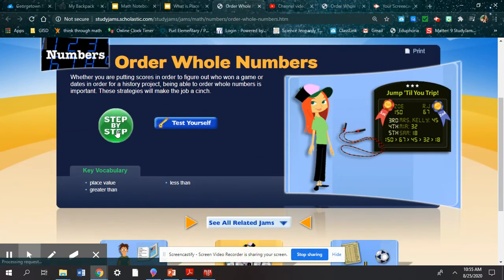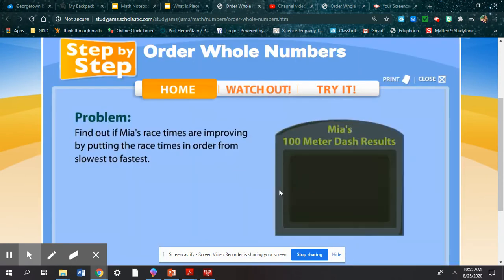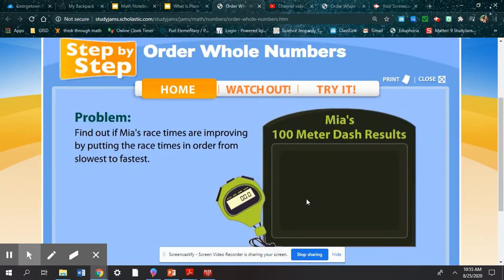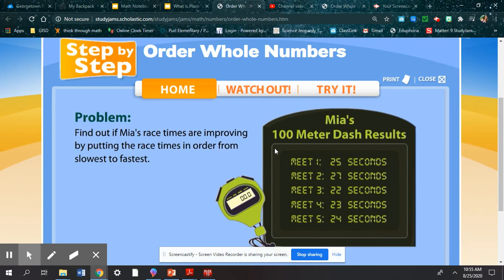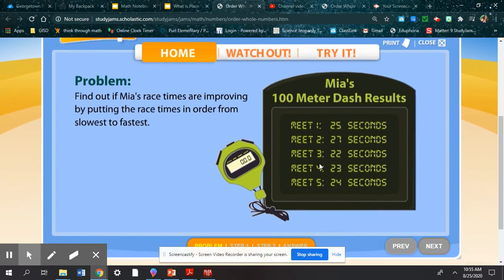And you're going to do a step-by-step activity. So this is what you're going to do. Then you're going to hit next right here, and you're going to walk through the steps, okay? And then you're going to try one on your own. All right, so that's what you're going to do for today.